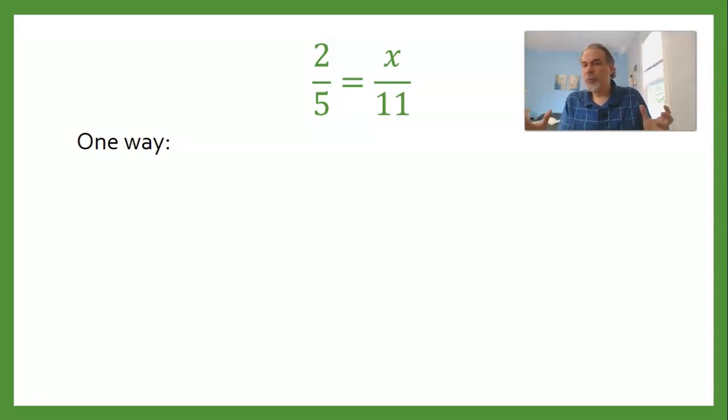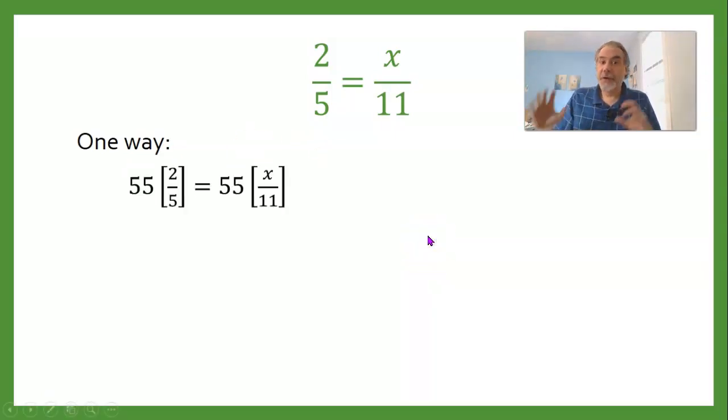What's the smallest thing that's divisible by both 5 and 11? How about we just multiply those together and get 55. So we can do 55 divided by 5, and 55 divided by 11. What we're going to do with that is multiply both sides of the equation by 55. 55 times 2 over 5 equals 55 times x over 11.